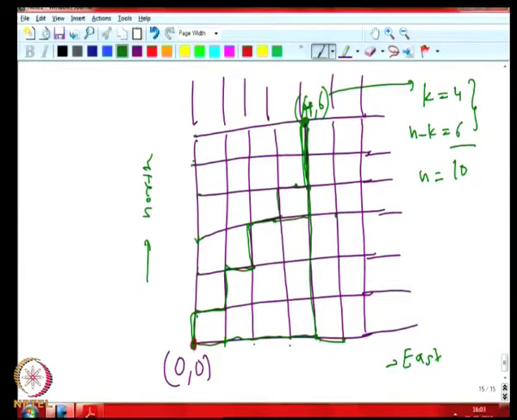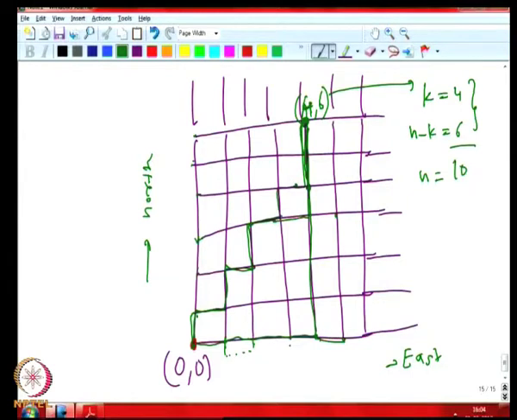The reason is that to reach (4, 6), whatever I do, however clever I become, I have to take 4 eastern directions. I mean 4 units, say you can say that this is 1 kilometer, so 1 unit distance.